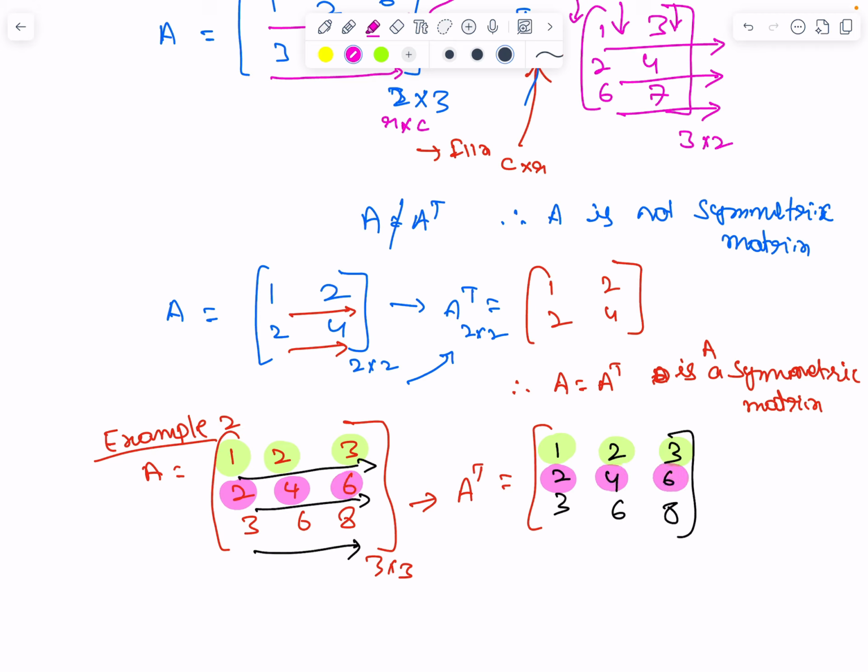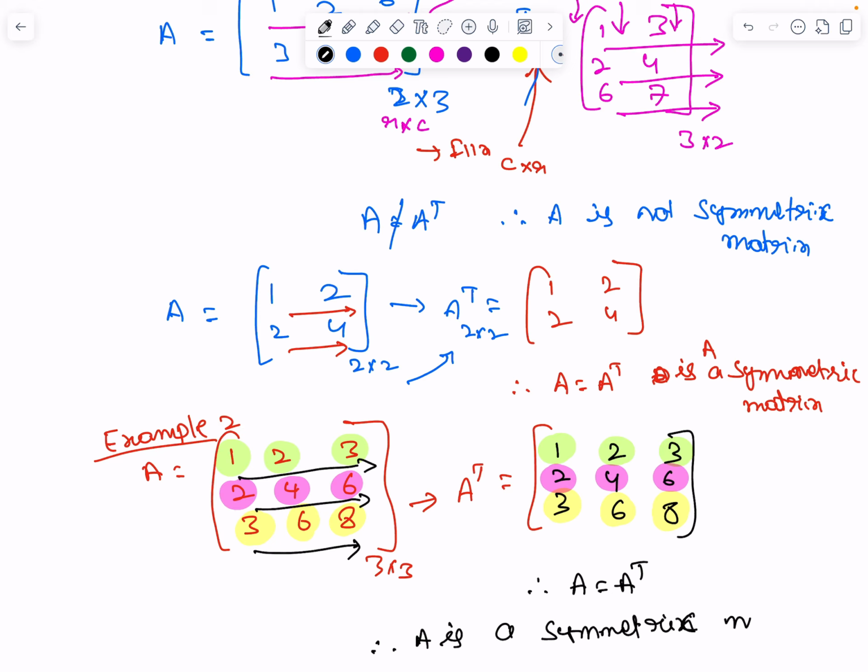Next, third row, first column, same, and third row, second column and third row, third column, both are same. Therefore, you can say that A is equal to A transpose. Therefore, A is a symmetric matrix.